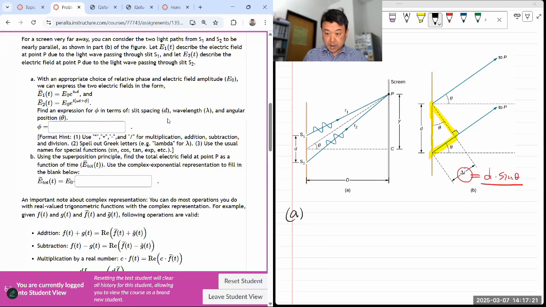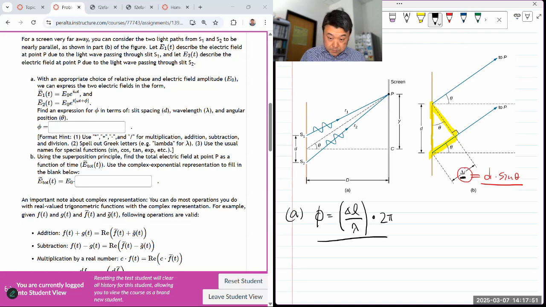So anytime you have some kind of length that you want to convert into a phase angle in radians, that phase is that distance expressed as a fraction of wavelength. So you divide by lambda, the wavelength. This will give you fractions of a cycle, which is not what you want. You want the angle in units of radians, so 2 pi. This is the factor that converts from number of cycles to radians.